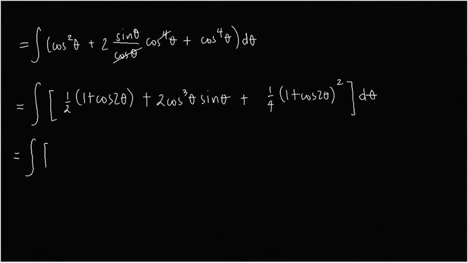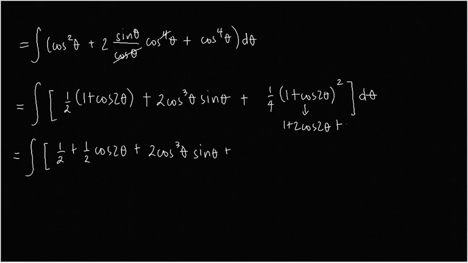Distribution, we have integral of 1/2 plus 1/2 cosine of 2 theta plus 2 cosine cube of theta sine of theta plus, okay, the square of this one is 1 plus 2 cosine of 2 theta plus cosine squared of 2 theta.